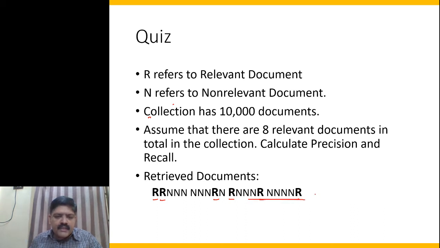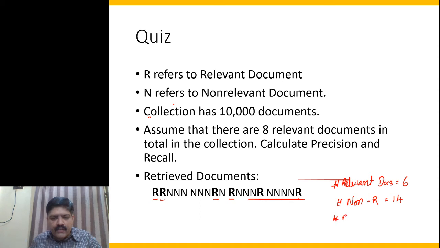So we have 6 relevant documents, and the number of non-relevant documents that were retrieved equals 14, right?